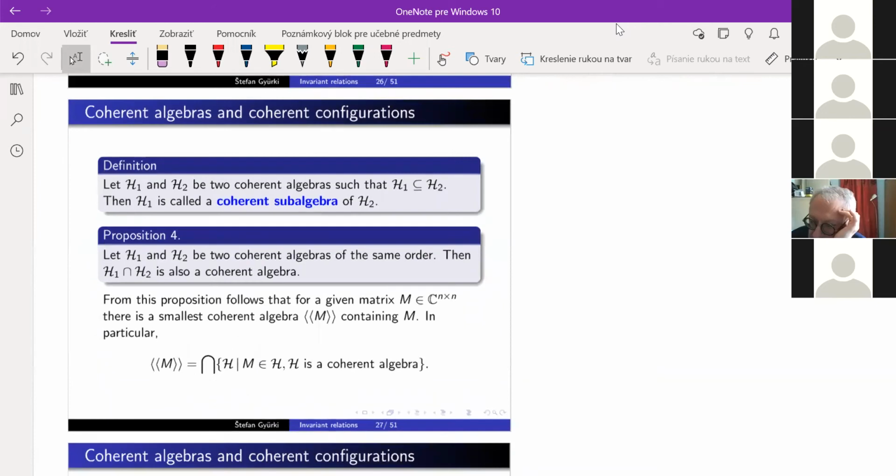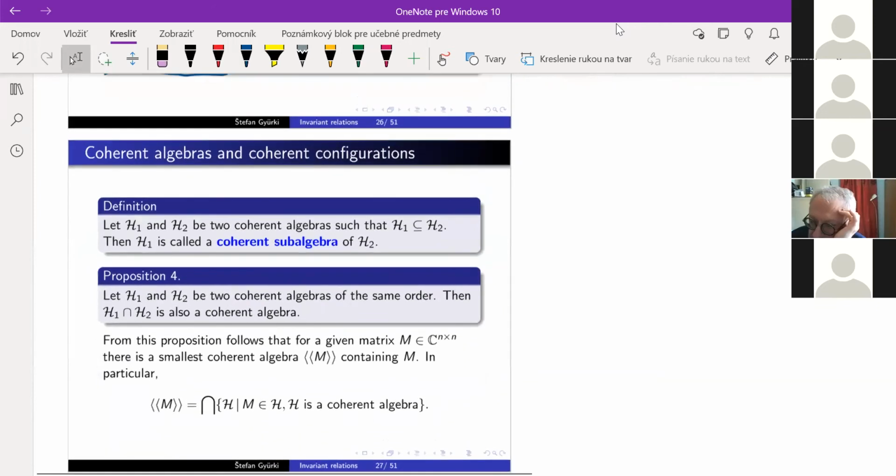One can define the coherent subalgebra of an algebra. This is simply defined like almost any substructure in algebra: H1 should be a subset of H2, and all the axioms for a coherent algebra should be preserved.